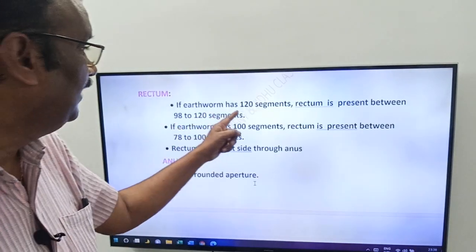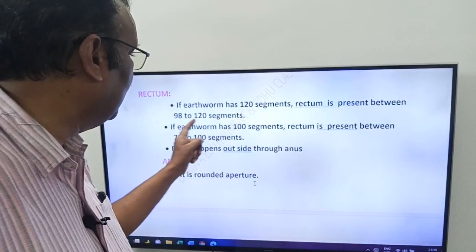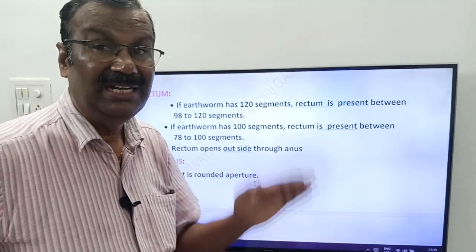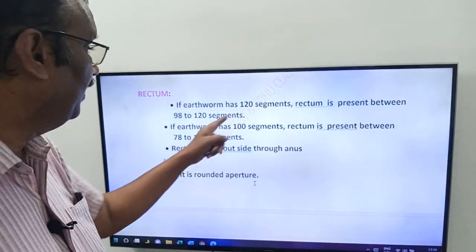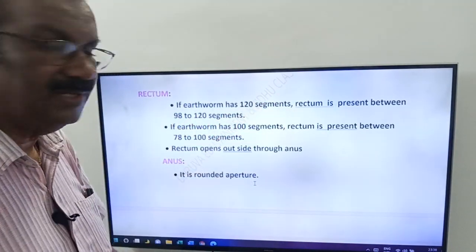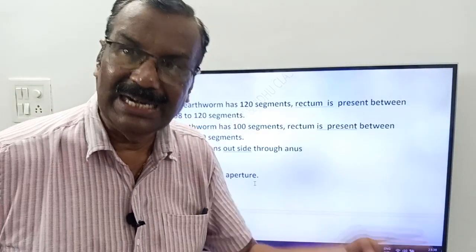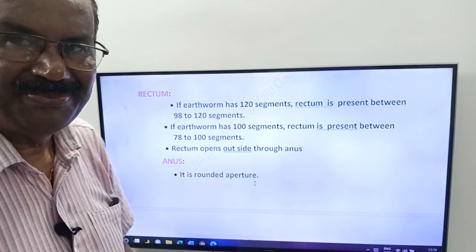If the earthworm has 120 segments, the rectum is present between 98 to 120 segments. It is present in the last 23 segments. If the earthworm has 100 segments, it is present between 78 to 100 segments.